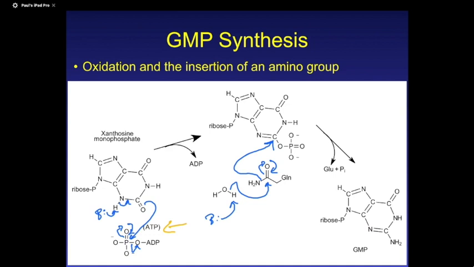I'm now attacking a carbon that has a double bond, so the intermediate will have the nitrogen negatively charged. It will reform the double bond, and the phosphate is the leaving group along with glutamate. And I have GMP. So I have AMP and GMP right now.